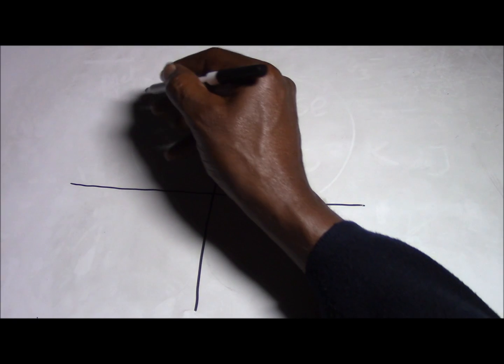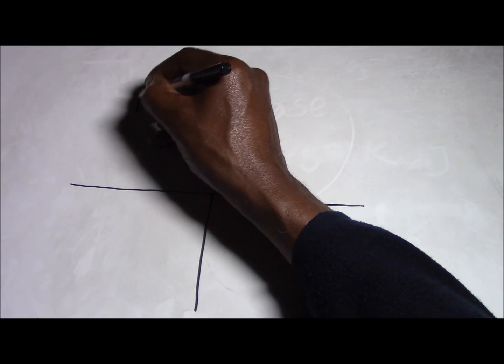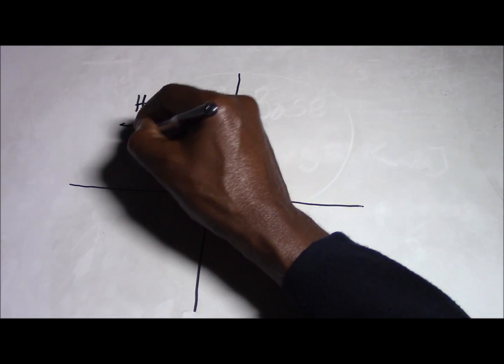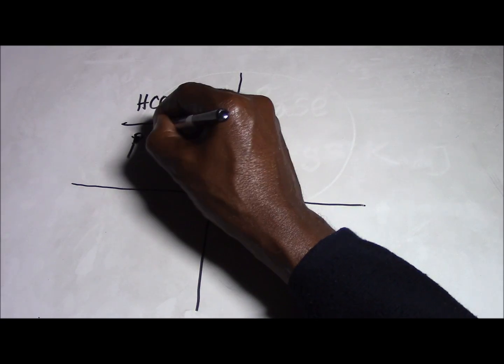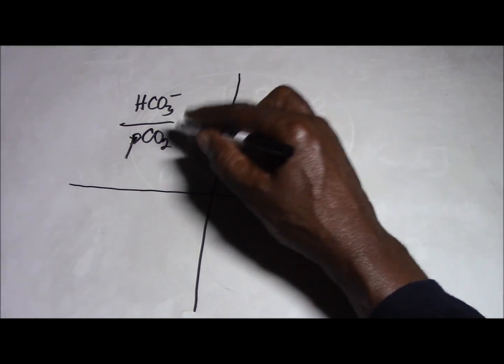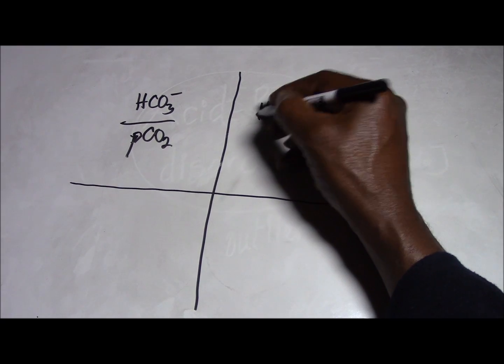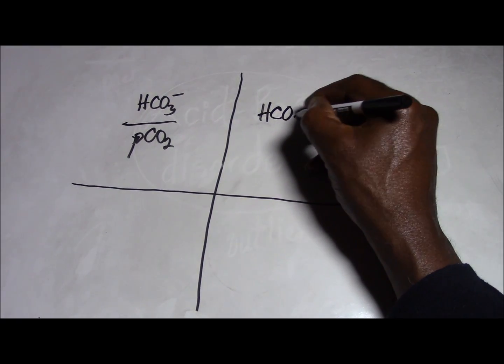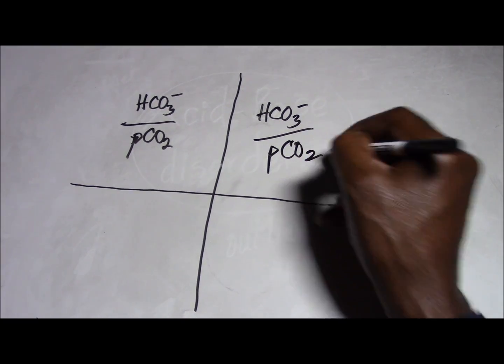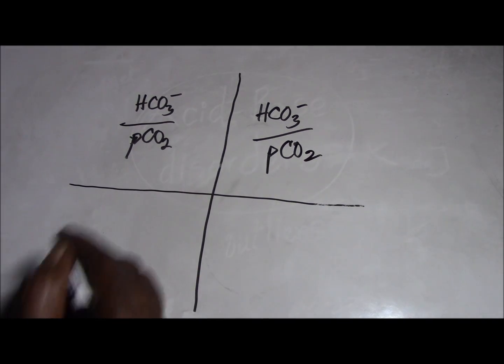What you do in this first quadrant is to write the bicarbonate and the partial pressure of carbon dioxide. And so you reproduce the same ratio over here and in all 4 quadrants.